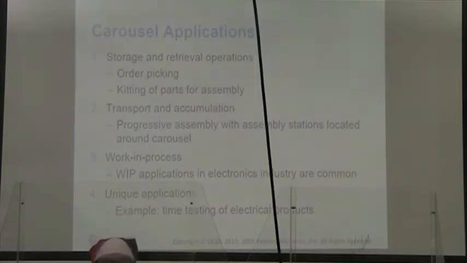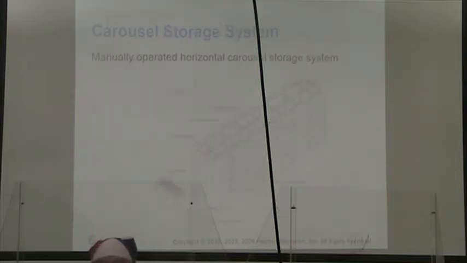For carousels, our applications, we can use them for storage and retrieval, whether that's order picking or kitting parts for assembly. We can use them for transport and accumulation. The one that we see here is open.